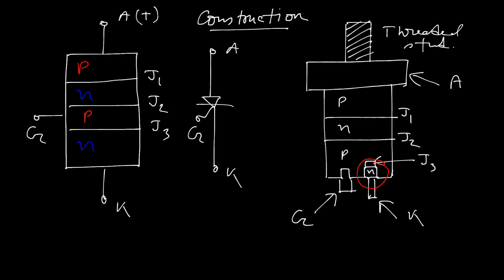The thyristor has high power handling capacity. The SCR's voltage ratings near about 10 kilovolt and the RMS current rating about 3000 ampere and power handling capacity, that is 30 megawatt.